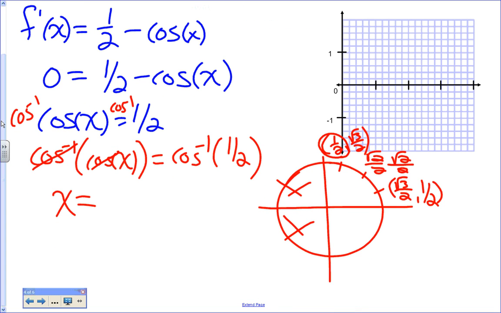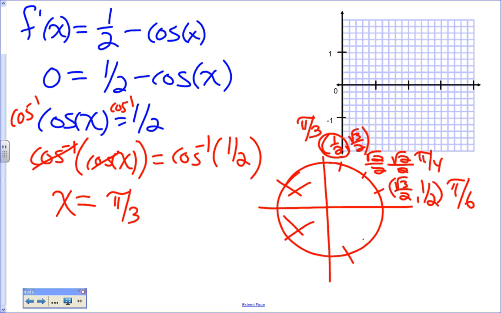So this is what? Pi over 6, pi over 3. Right? Remember, if you get stuck, 1 pi over 6, 2 pi over 6, you could do it that way. And so pi over 3. Is that it? Or does it happen again?